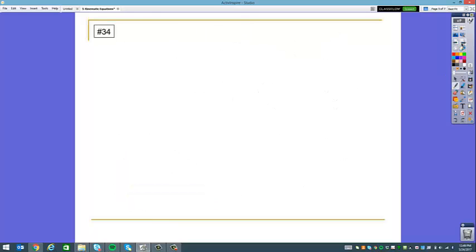All right, next one we're going to look at is number 34. So 34 says a soccer player runs at a constant speed of 2.6 meters per second for the next 18 meters. He speeds up with an acceleration of 0.45 meters per second squared. What is his speed at the end of the run? Okay, so again, write down your givens. So my initial velocity is 2.6 meters per second.